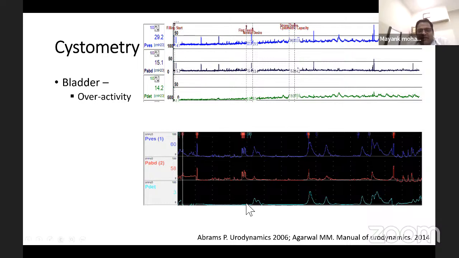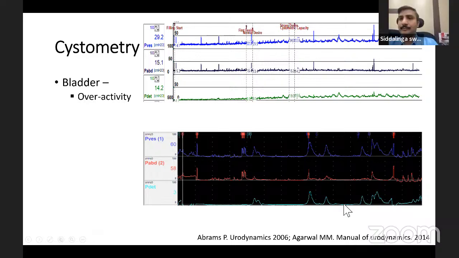Or you may have a phasic but very high amplitude overactivity. So first is whether overactivity is present or not. Now, overactivity can be phasic, that is during the study, or it can be terminal. That means it happens towards the end of the study when the patient can no longer hold and just passes the whole urine.